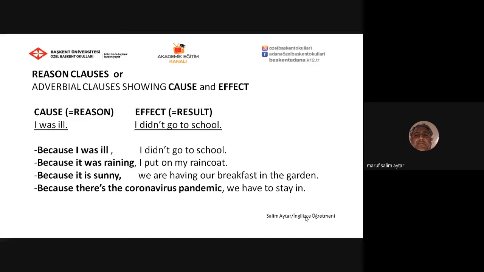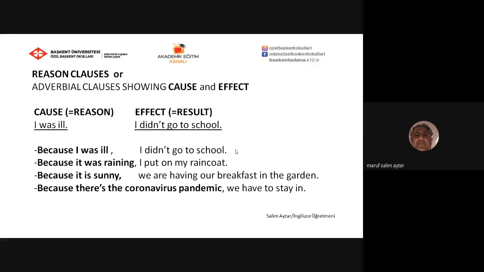As you know, because always shows a cause, a reason, and then we have an effect. So, in a way, after using a cause with a because clause, we combine it with an effect or a result clause, like given here in the examples.